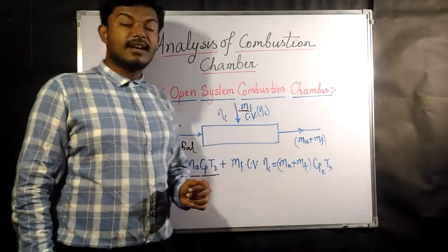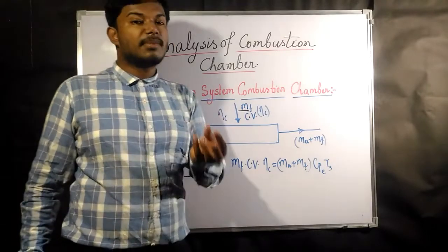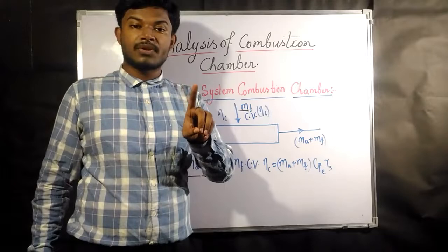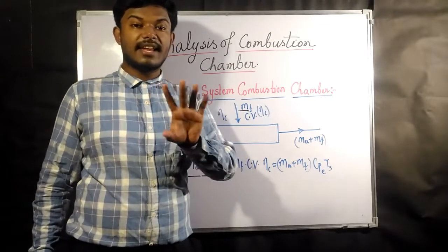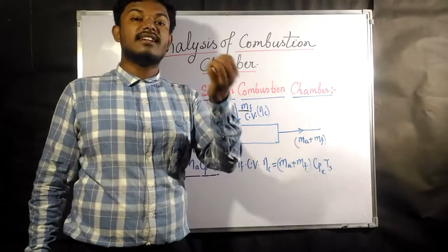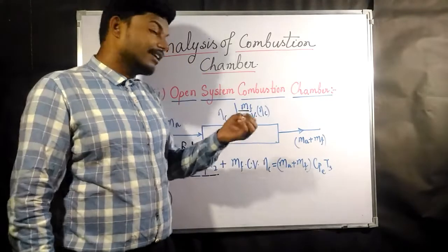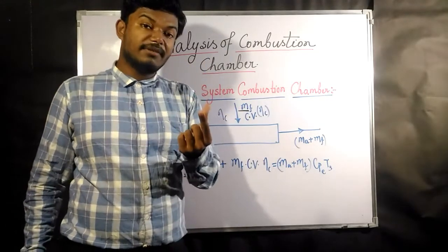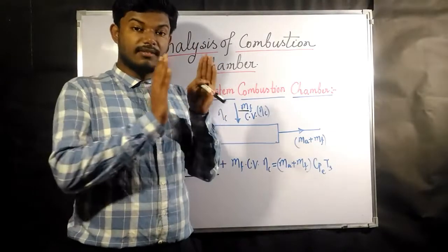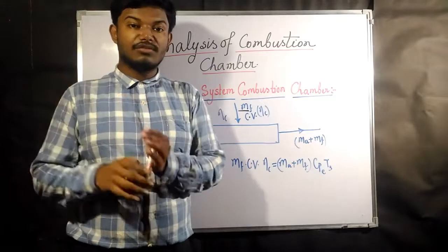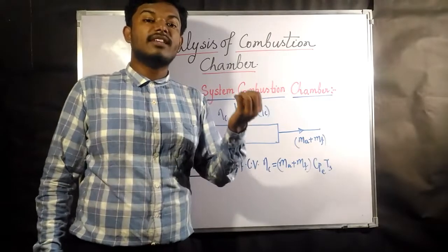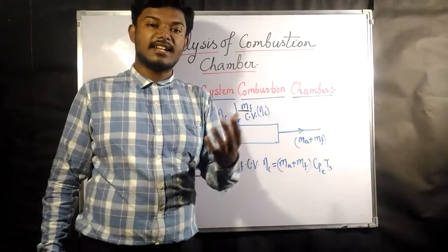Plus, what is the amount of energy that is given by a certain amount of mass? Every fuel has a calorific value. It is a factor to determine the energy the fuel is going to give. If we multiply that calorific value by the mass of the fuel, that gives you the amount of heat the fuel is going to contribute for energy generation.